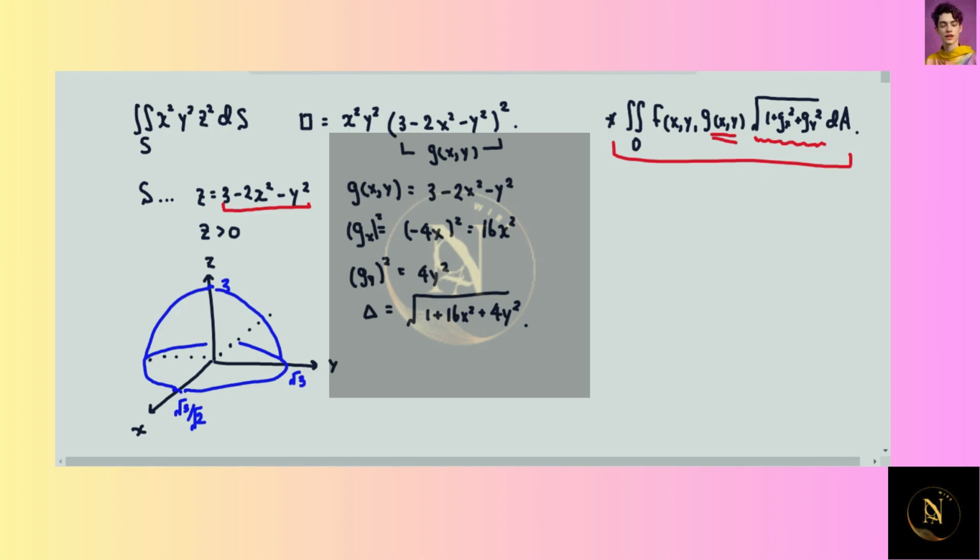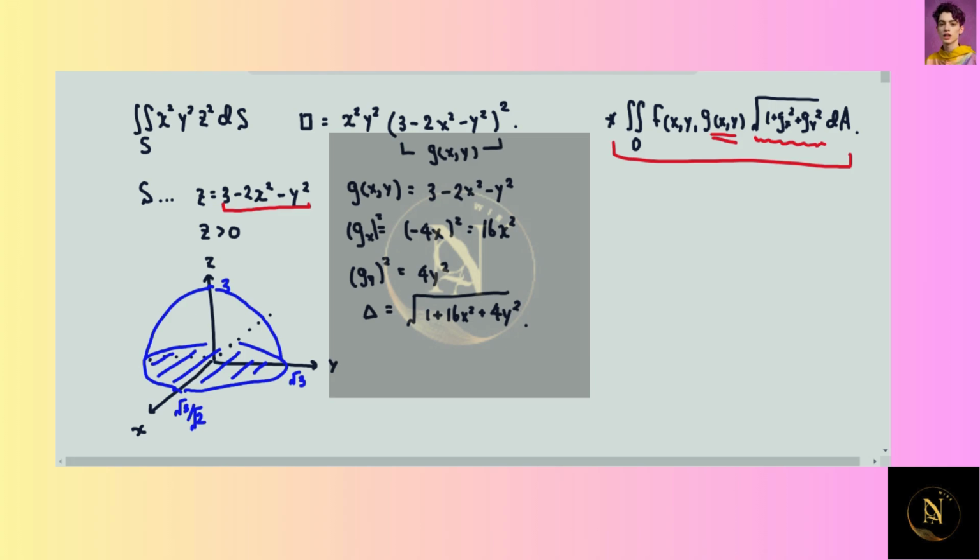So now it's just a matter of figuring out what the limits of integration are going to be. This is the part that we want to pay special attention to. The bottom right here, unfortunately, is not a rectangle or a circle. It's going to end up being an ellipse.